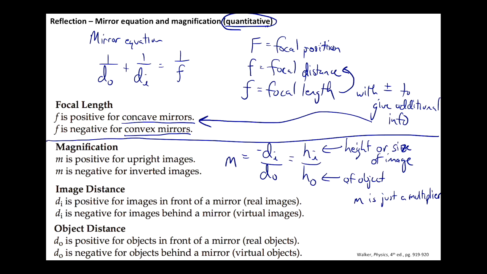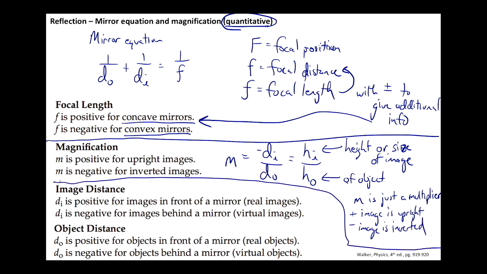Okay, so it's just a multiplier on the size of the image compared to the object. One other thing is that if you get a plus for the magnification, then we can say the image is upright. And if it's negative, the image is inverted. So that's all the stuff for magnification.